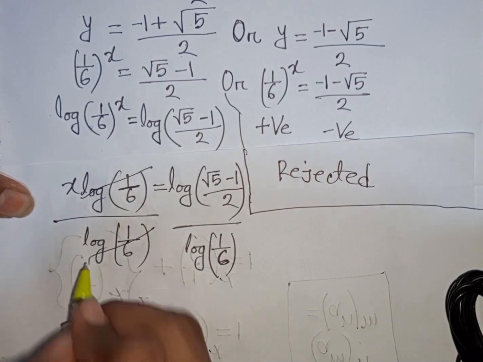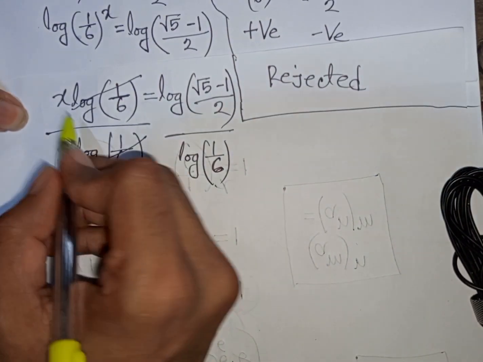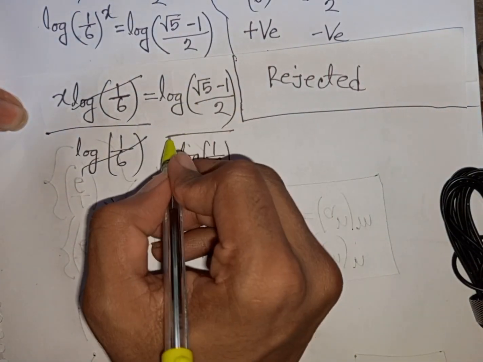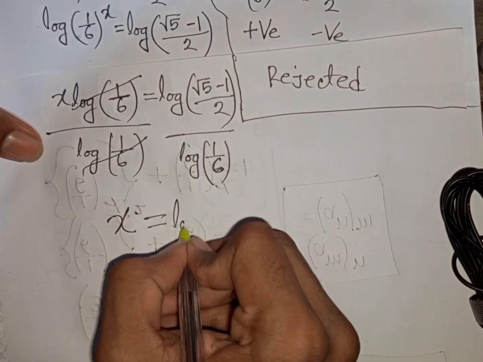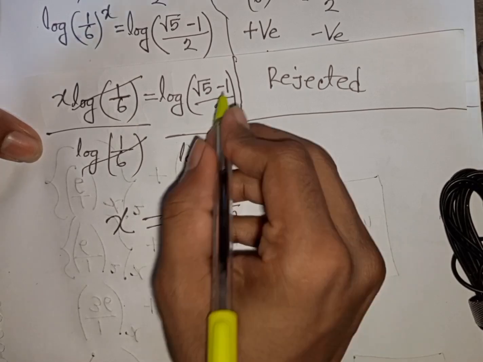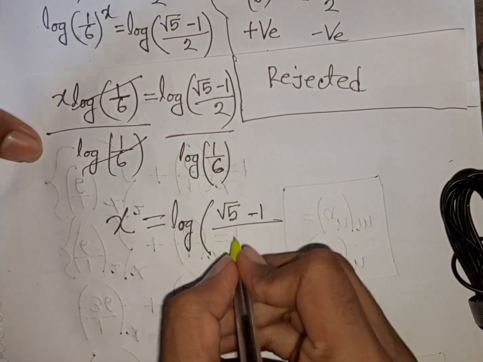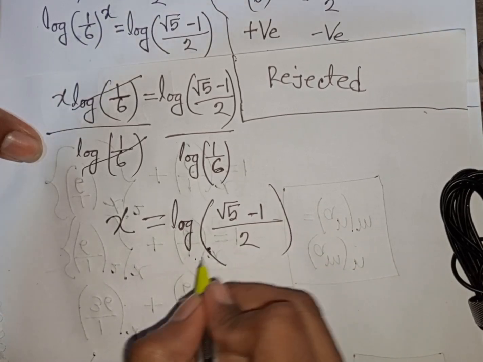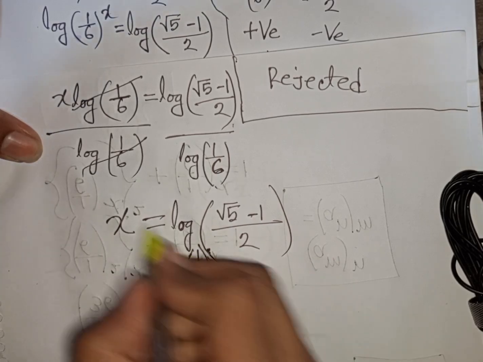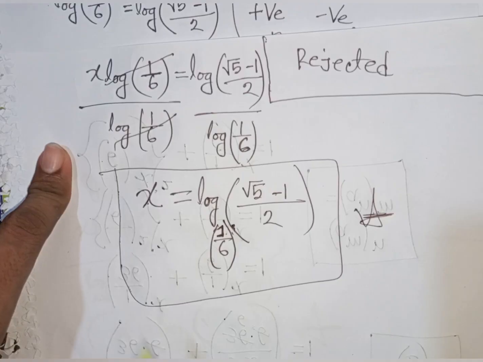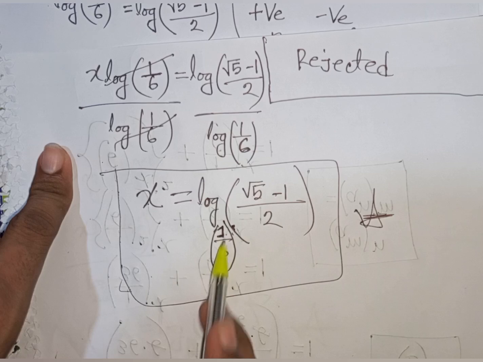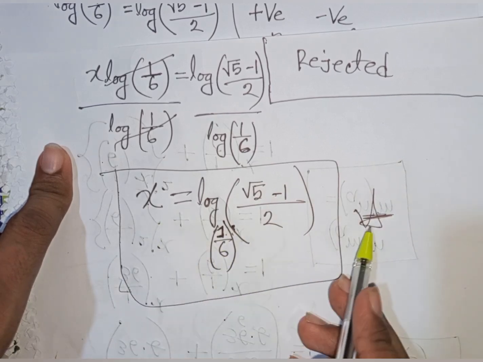Now this log of 1 by 6 will be cancelled, so we have x is equal to this divided by this, that means it will be log of square root of 5 minus 1 over 2, base of 1 by 6. x is equal to log of square root of 5 minus 1 over 2, base of 1 by 6. So this is the value of x. So this is our final answer.